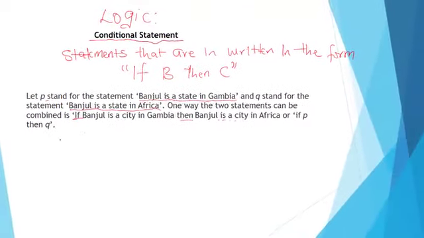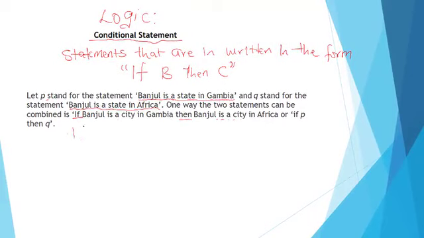So it is usually written in this form: if Banjul is a city in Gambia, then Banjul is a city in Africa.